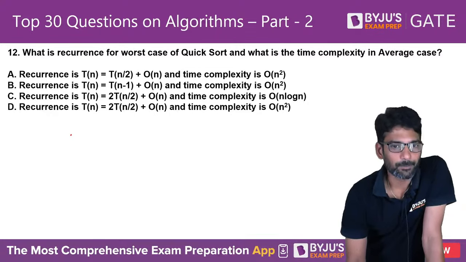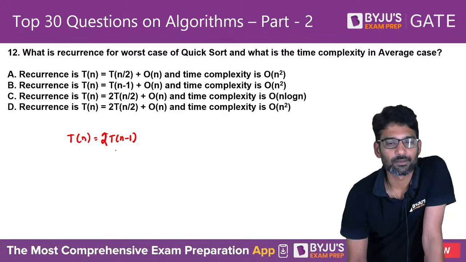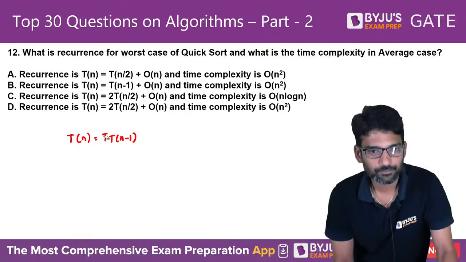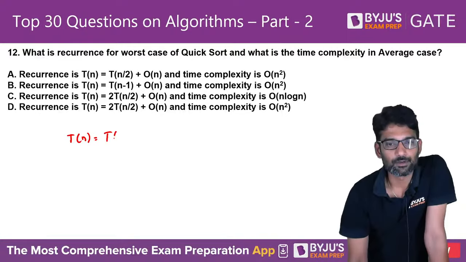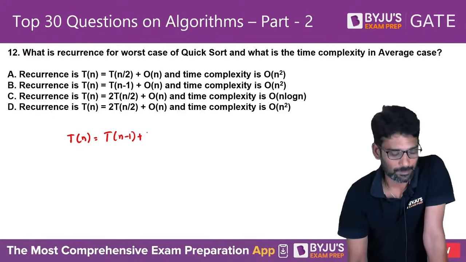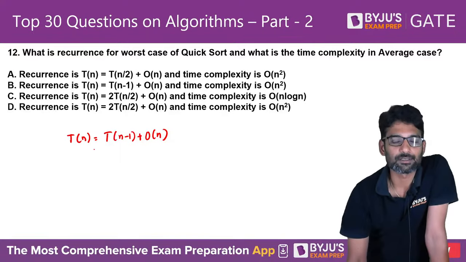Actually, it should be T of n is equal to T of n minus 1 plus big O of n. This is the worst case time complexity, right?